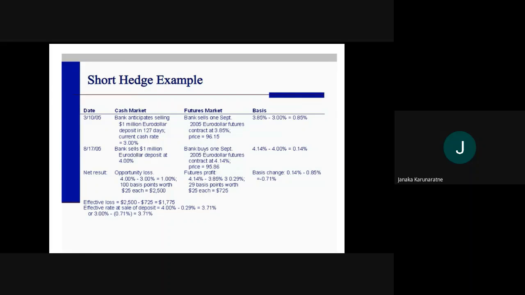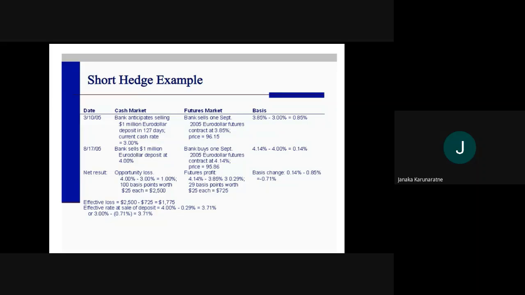Because today the deposit rate is 3%, but in August it would rise to 4%. So basically, you have lost 1% interest rate. Loss means you have to pay a higher interest rate. So that is 100 basis points. So your additional cost would be $2,500 per one contract, 1 million contract.